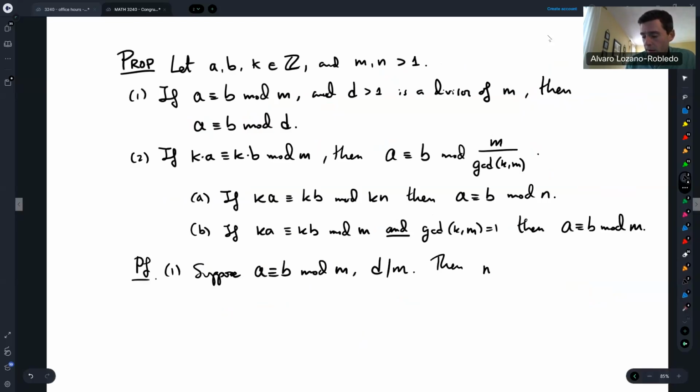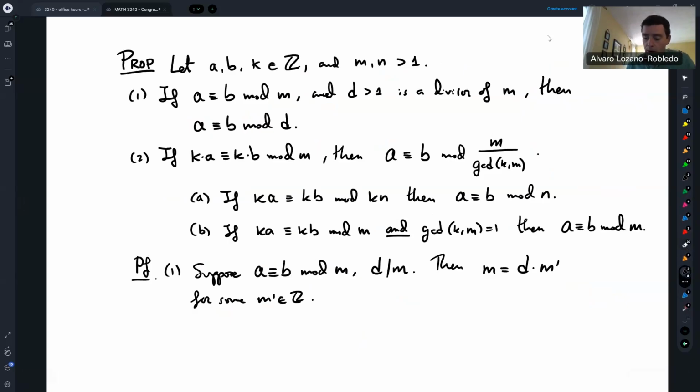D is a divisor, so M is D times M prime for some integer M prime.